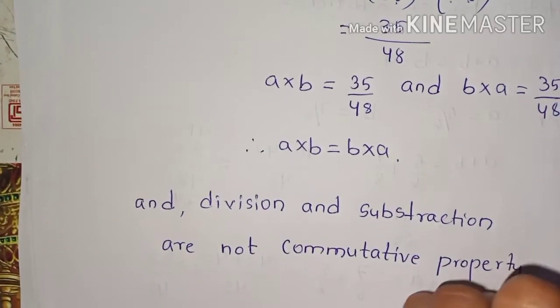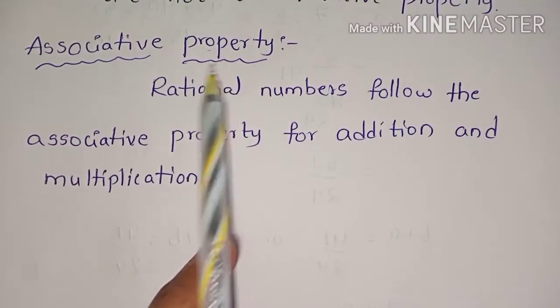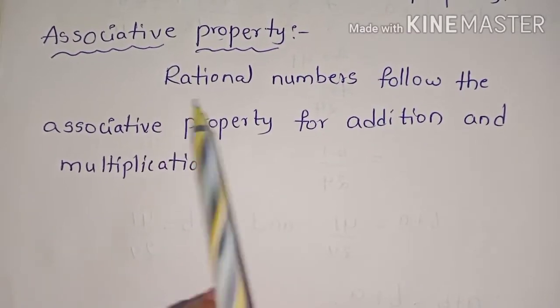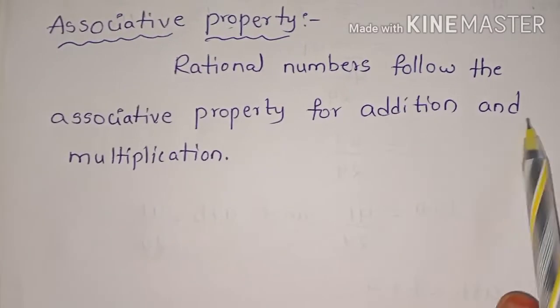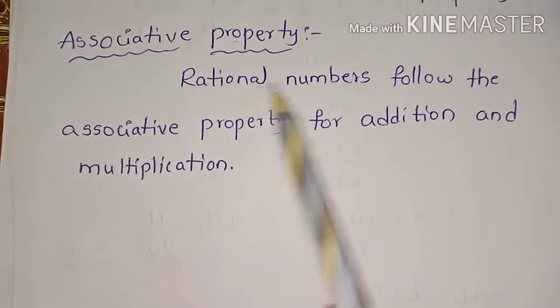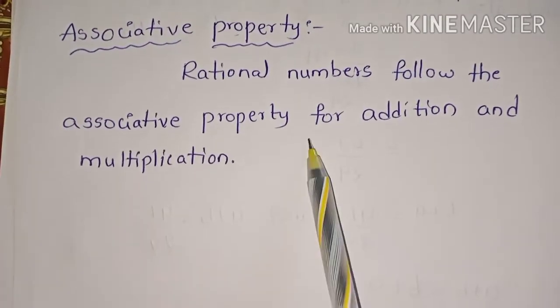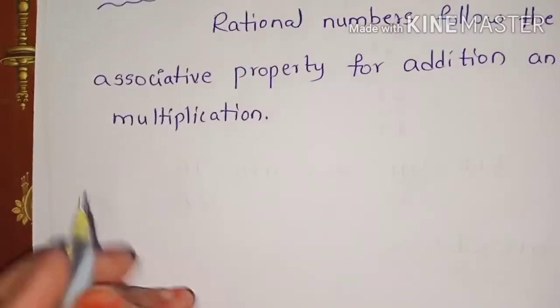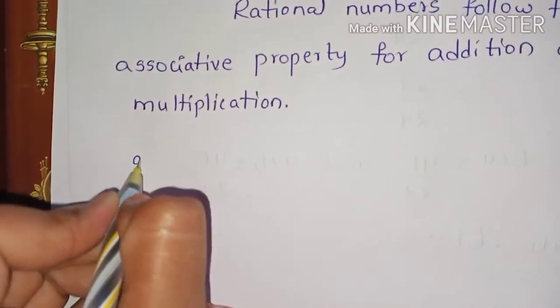The next property is associative property. Associative property is satisfied by addition and multiplication. So rational numbers follow the associative property for addition and multiplication. Associative property for addition.